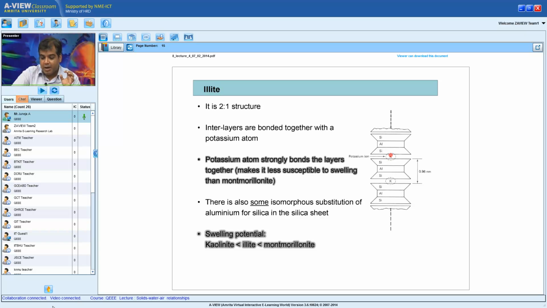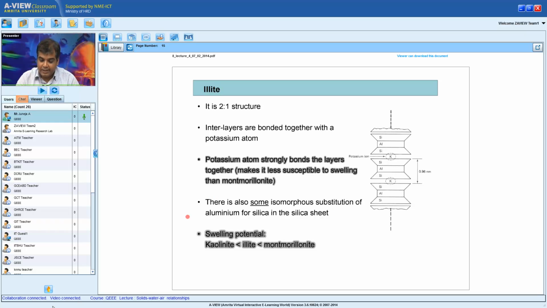So the potassium ion holds on to the two sandwiches, and it does not allow the sandwich to swell. In other words, water can't enter in between. It's hard for the water to enter, which makes it less swelling. In other words, Illite will have less swelling potential than montmorillonite.